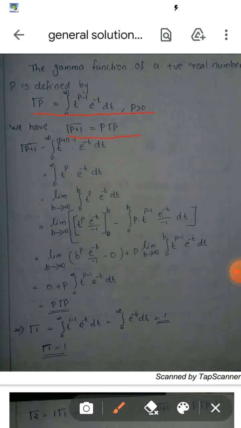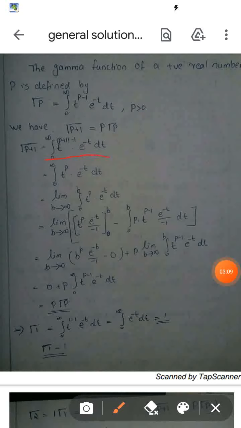We have gamma p equal to integral 0 to infinity t raised to p minus 1 into e raised to minus t dt. So gamma p plus 1 is equal to integral 0 to infinity t raised to p plus 1 minus 1 into e raised to minus t dt.